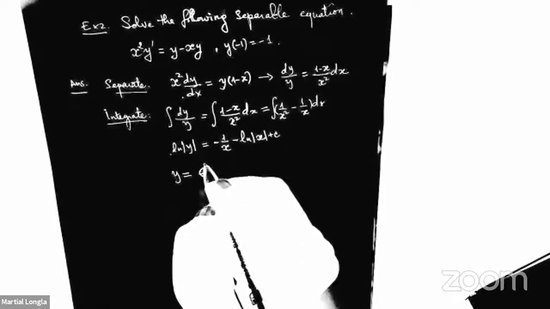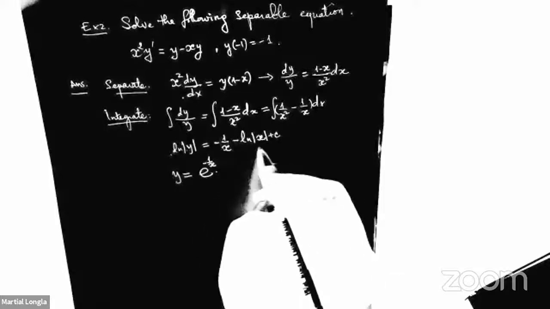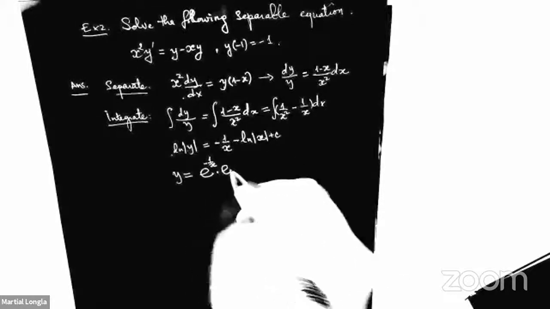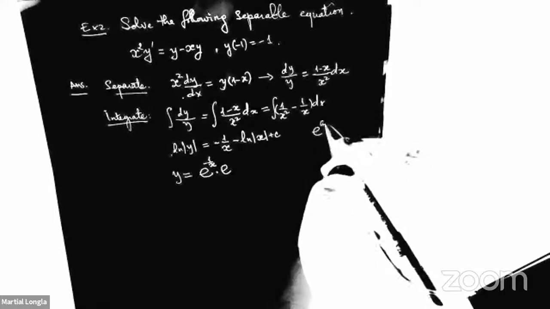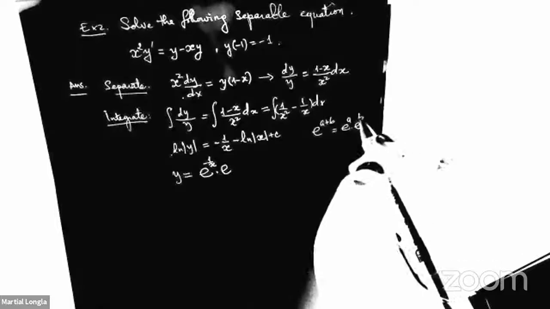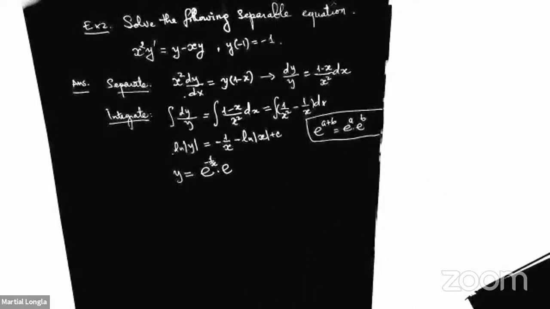So that's e to -1 over x times, because these things are plus and minus, I just multiply when I take exponential. Why? Because e to the a plus b is e to the a times e to the b. That's the reason why I do this. There's no other thing that you can do there.